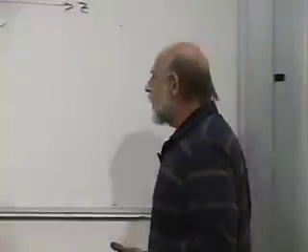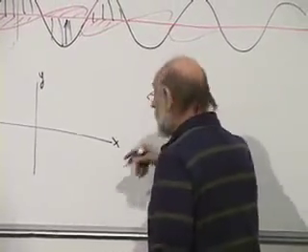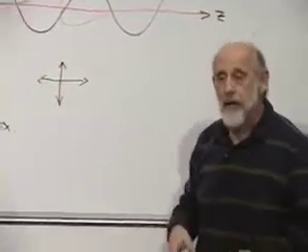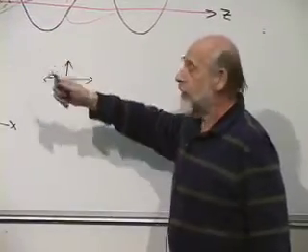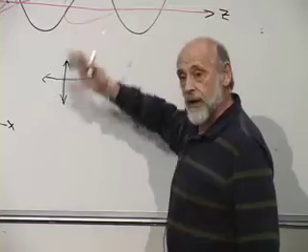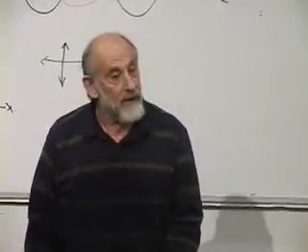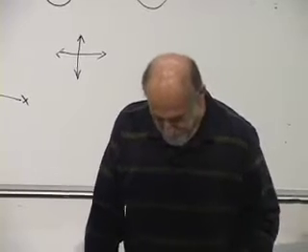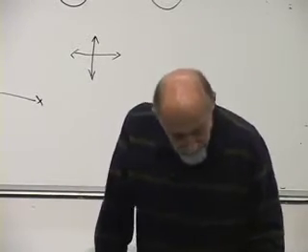Or the wave can be polarized along the x-axis, or it can be polarized along any axis. The definition of the polarization is the plane or the direction of the electric field oscillations. That's arbitrary. You could have defined it to be the magnetic field oscillations, but that's how it's defined.